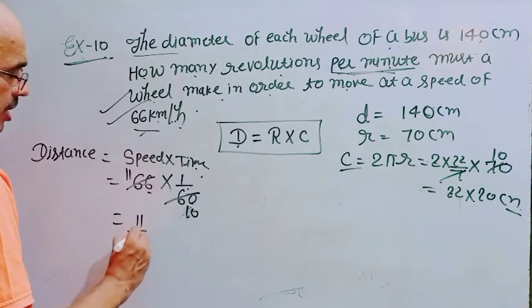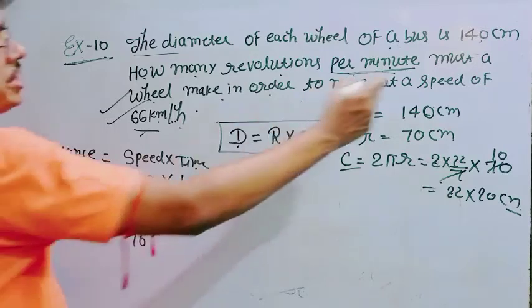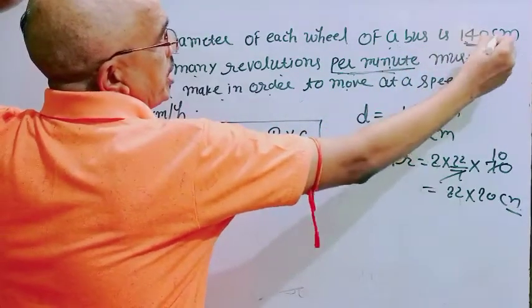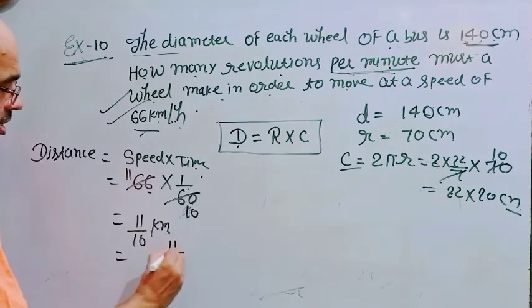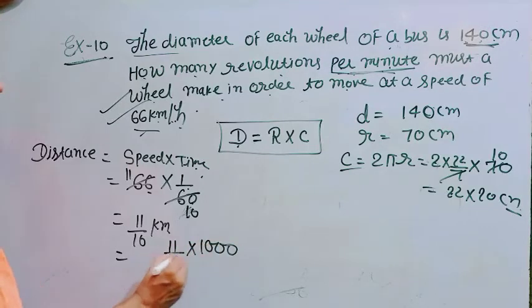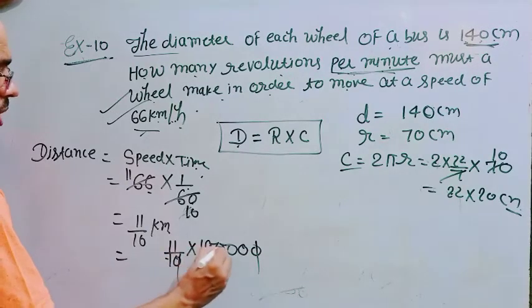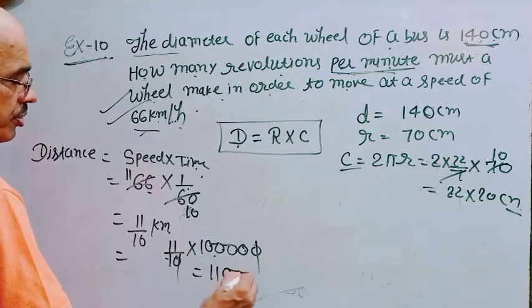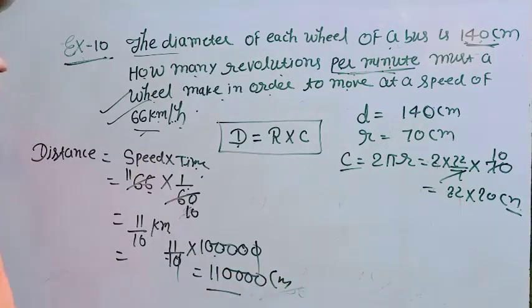So 11 by 10 kilometer. But the diameter is given in centimeters, so we change this distance into centimeters. So the distance will be 1100 centimeter.